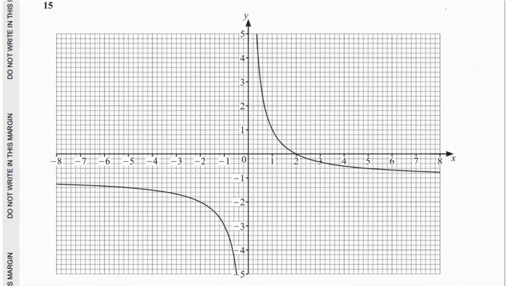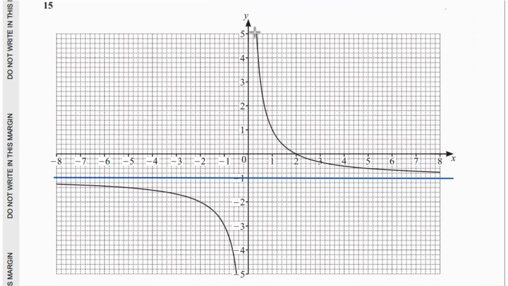And over here, if you notice, your graph is also lying above this line. It's not crossing it, because if it was crossing it, this graph would cross the x-axis over here. And over here, it's not going below, it's just staying above it, which means y equals -1 is also your asymptote.